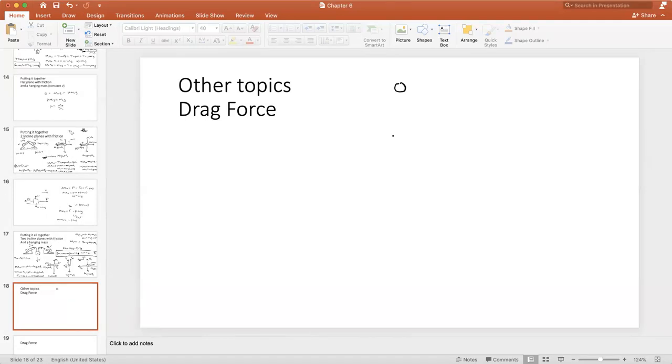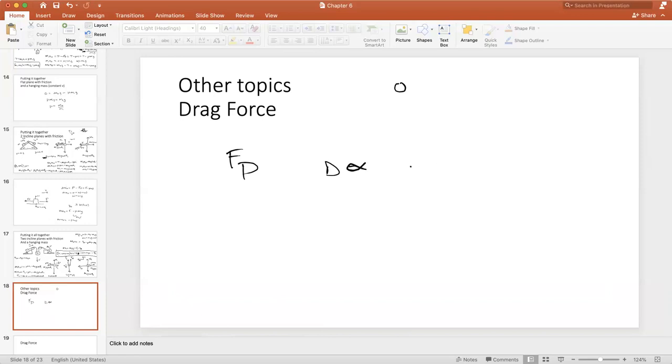How do we model drag? Well, it turns out that experimentally, we just come up with a formula, throw a constant on it, and figure out what that constant is. So we know that the drag force, this is a force, and you could write this F of D, or you could write it D. Your book writes it D. I'm going to write it D. That this thing depends on a couple things.